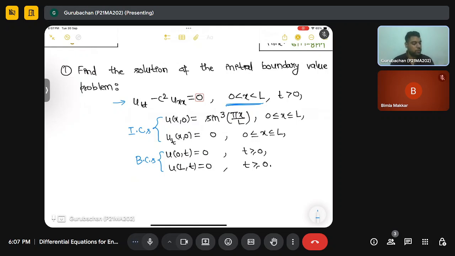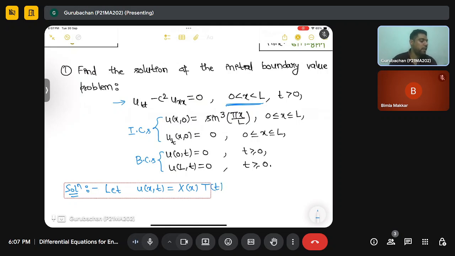Okay, so let us start. As I told you, we follow the method of separation of variables. So how do we follow that? Let our solution u(x,t) be some function of x times a function of t, X(x)T(t), which is non-zero.